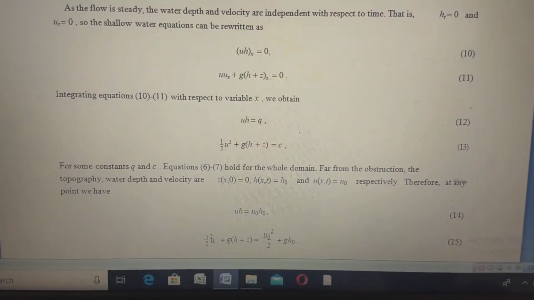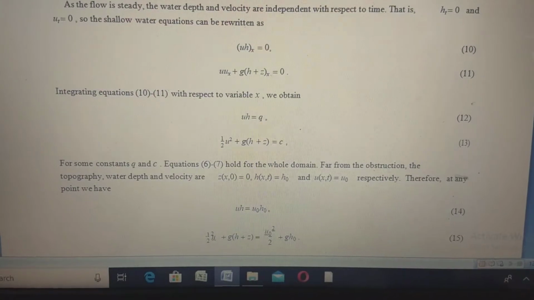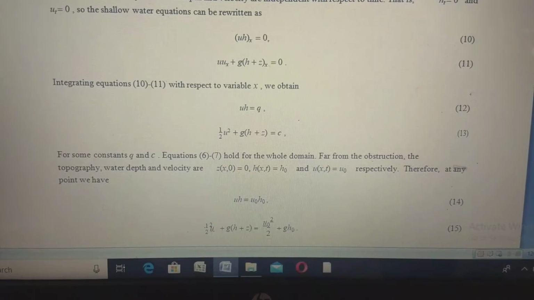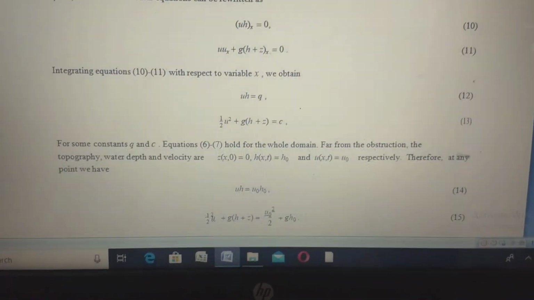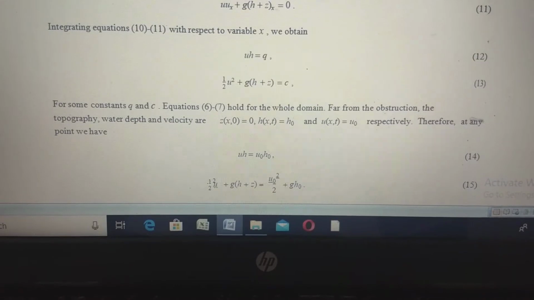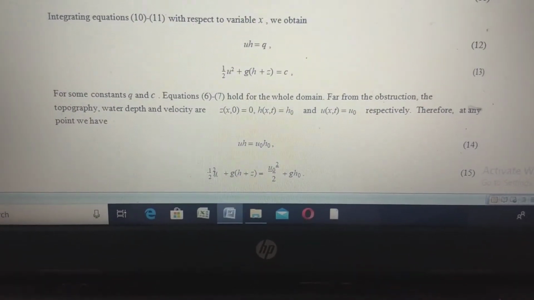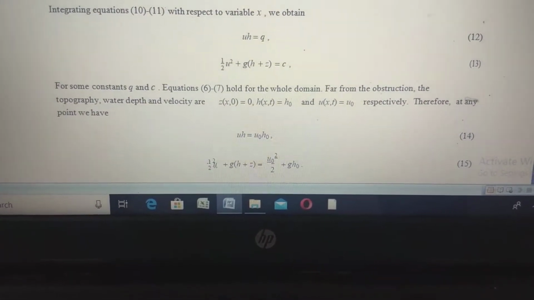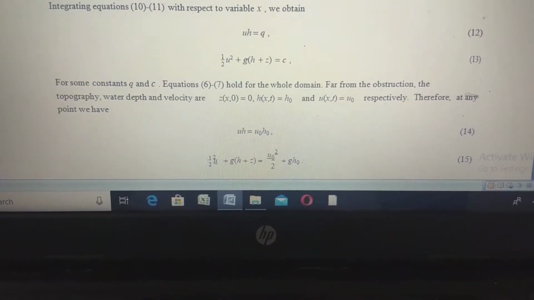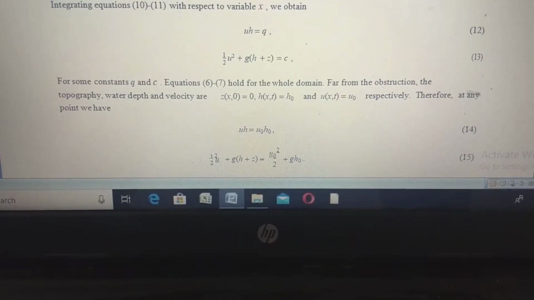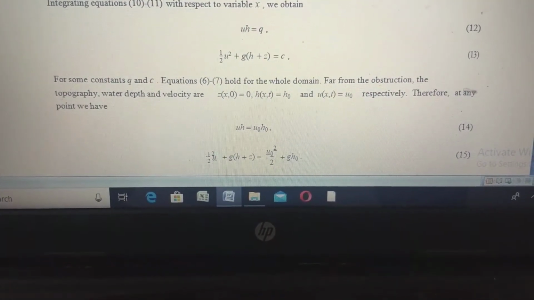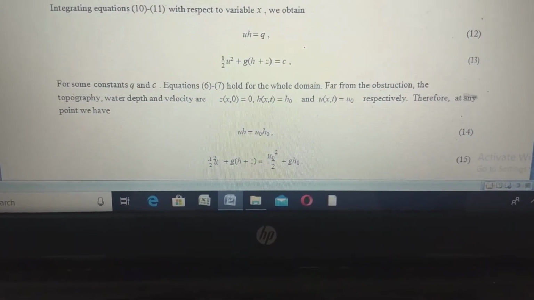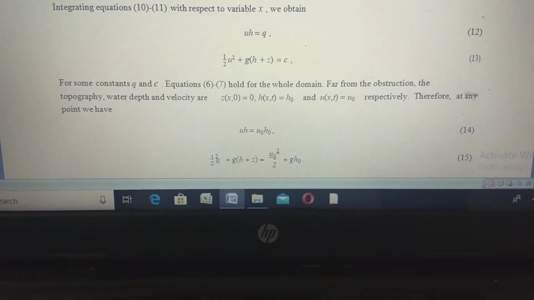Integrating equations 10 and 11 with respect to variable x, we obtain uh equal to q, 1 by 2 u square plus g of h plus z equal to c, for some constants q and c. Equations 12 and 13 hold for the whole domain. From the assumption, the topography, water depth and velocity are z of x comma 0 equal to 0, h of x comma t equal to h naught and u of x comma t equal to u naught respectively.